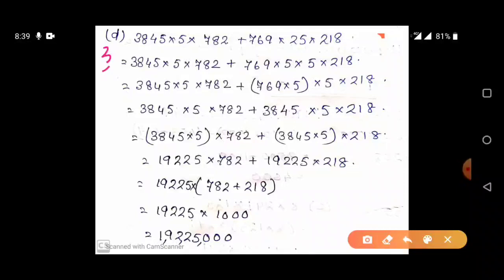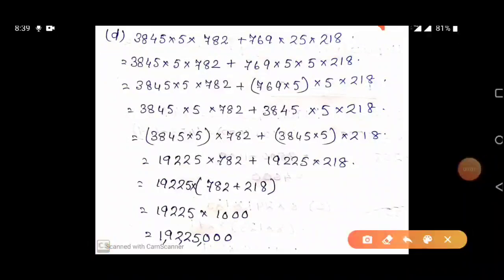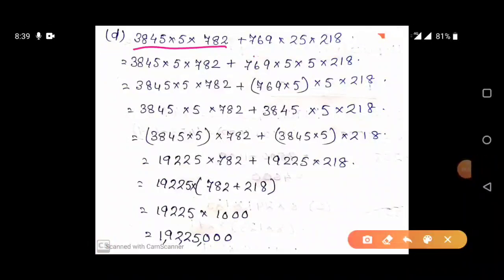This is question number D of question number 3 of exercise 2.2. Here it is given 3,845 into 5 into 782 plus 769 into 25 into 218. We have to find the value of this question. So see, here no common number is there. So for that we have to make the number common for both the cases.